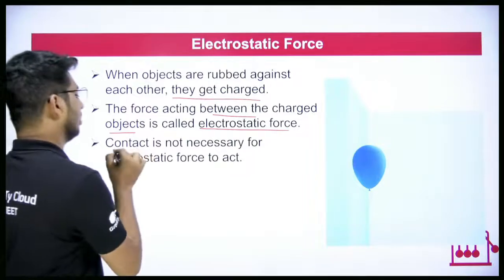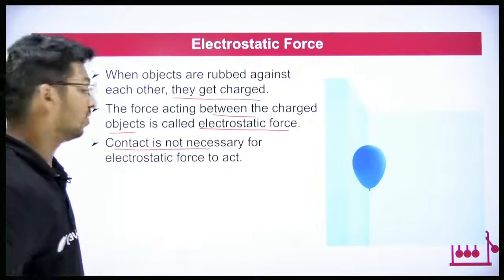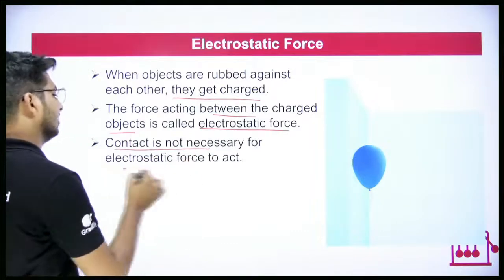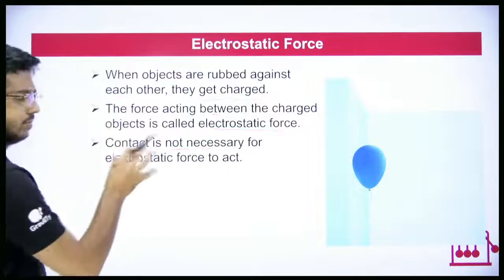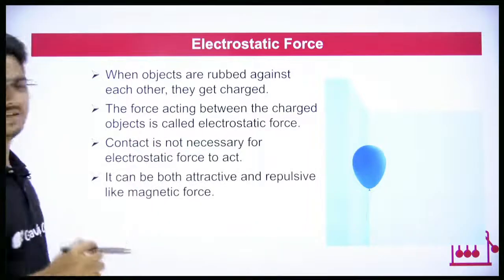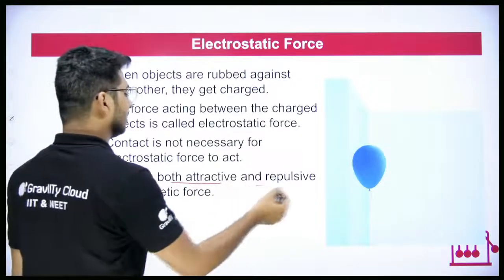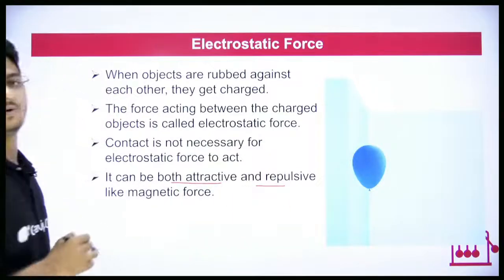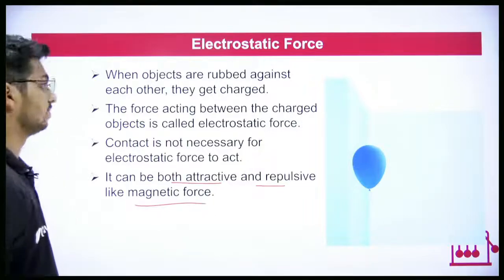And contact is not necessary. The paper bits fly up without contact. Okay, simple points understood. There is one point which you have to remember as of now: it can be both attractive and repulsive, like magnetic force.